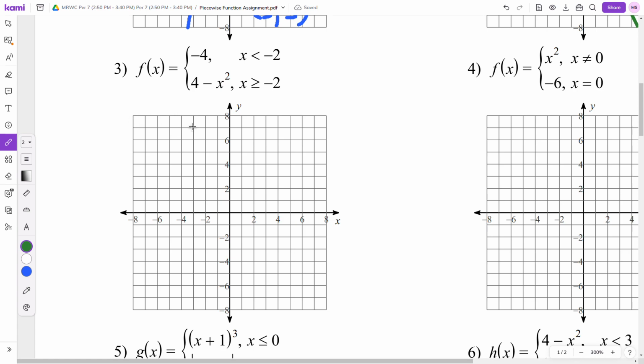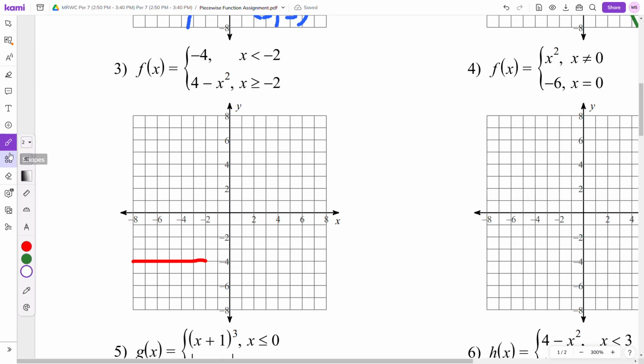So if the domain is less than negative 2, so in other words, anything to the left of this, the answer is simply negative 4. So remember, that's the y value. So this just makes a straight line all the way to negative 2. And it does not include negative 2.